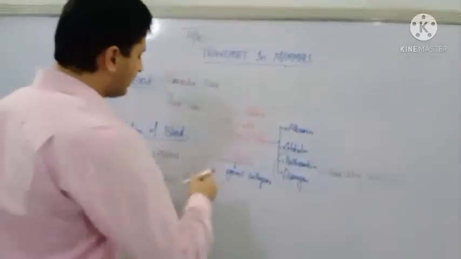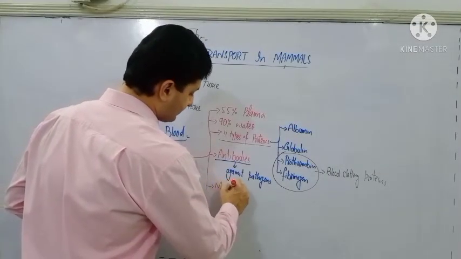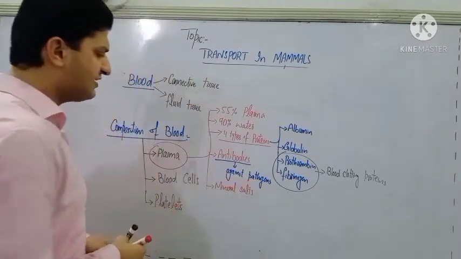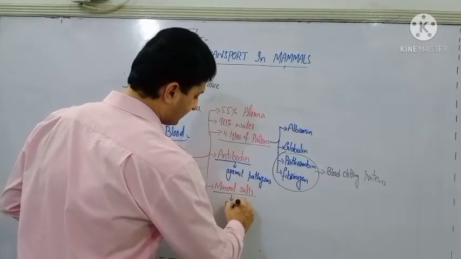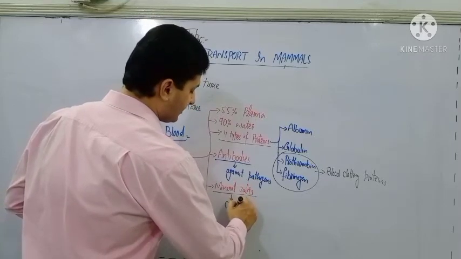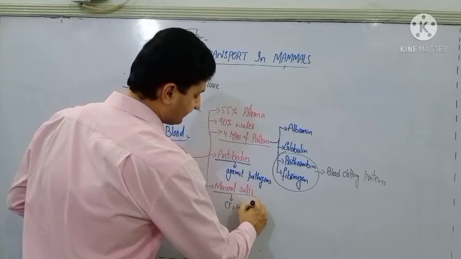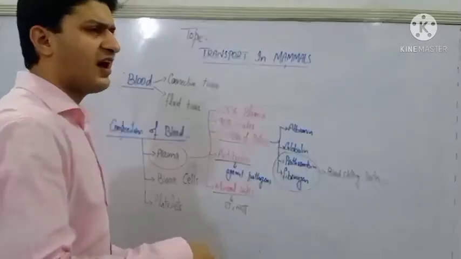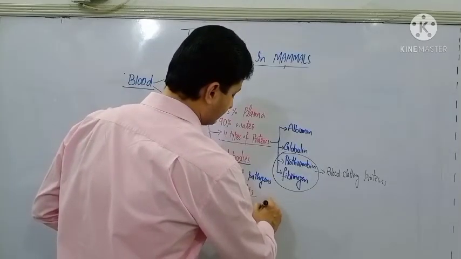Then plasma also contains mineral salts. Mineral salts means plasma contains chlorides, bicarbonates, and all the minerals, especially the calcium ions.